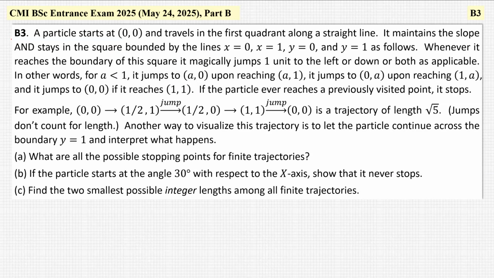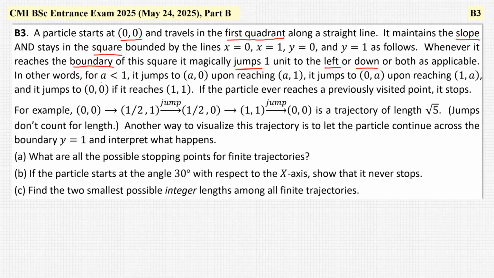Problem B3. A particle starts at (0, 0) and travels in the first quadrant along a straight line. It maintains the slope and stays in the square bounded by the lines x equals 0, x equals 1, y equals 0, and y equals 1 as follows. Whenever it reaches the boundary of this square, it magically jumps 1 unit to the left or down or both, as applicable.